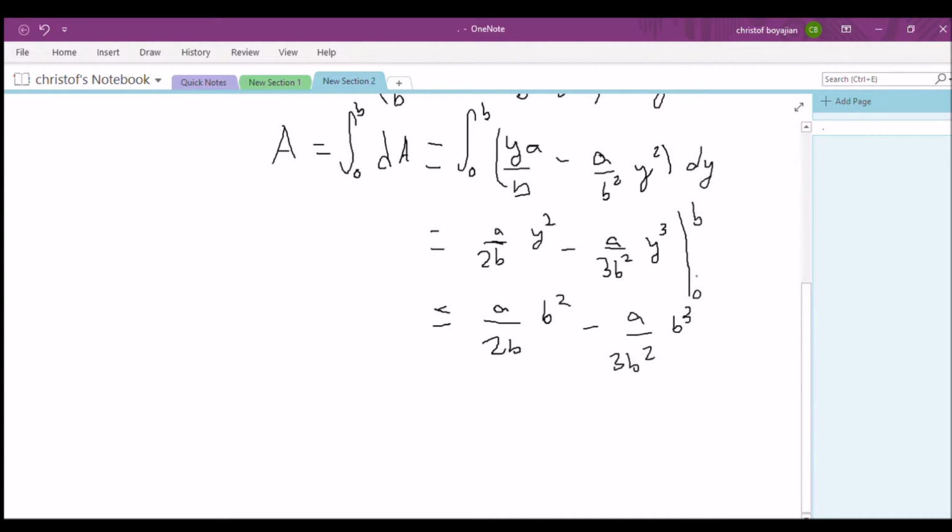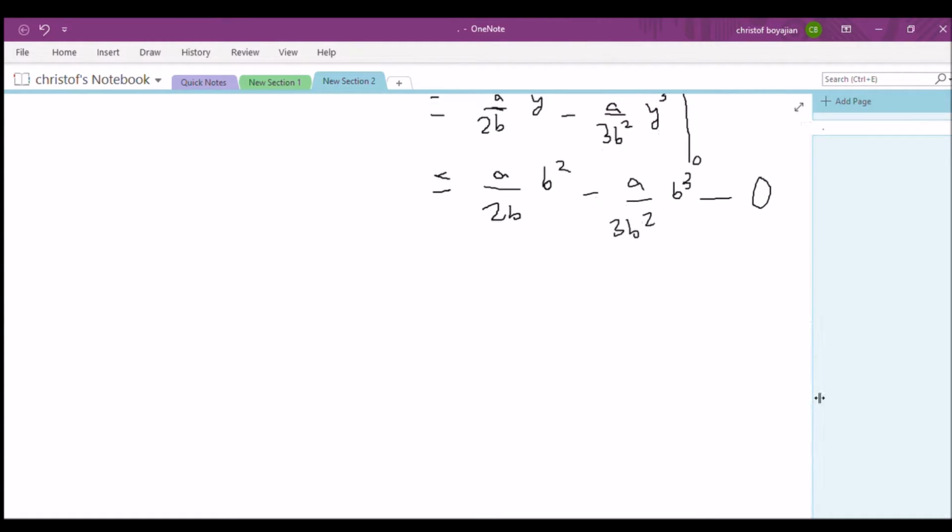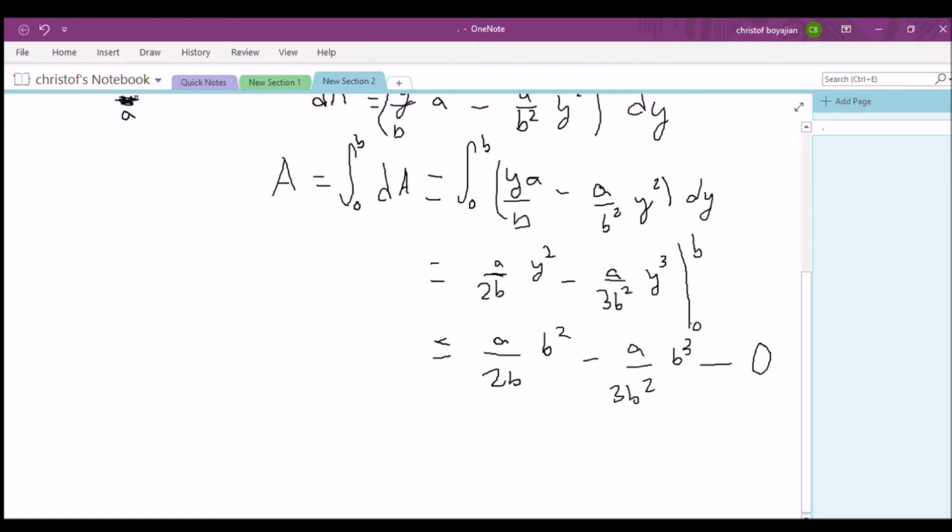Now if we plug in y equals 0 for both of these terms, they're actually going to result in 0. So I'll just say it's minus 0, but just keep in mind that you still need to evaluate at 0. Don't ever forget about that.